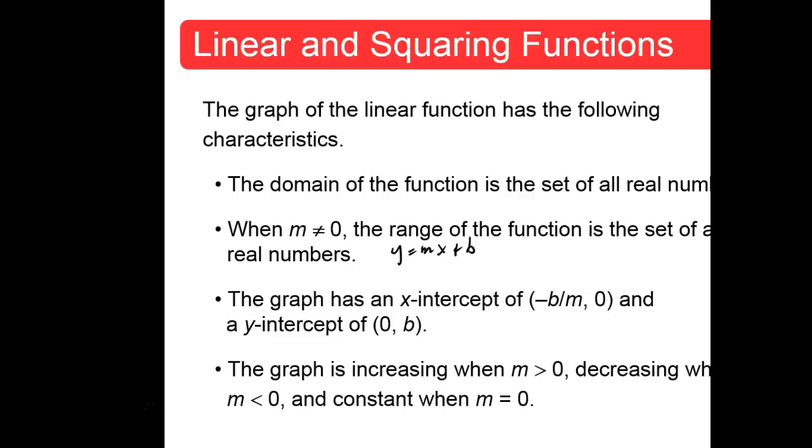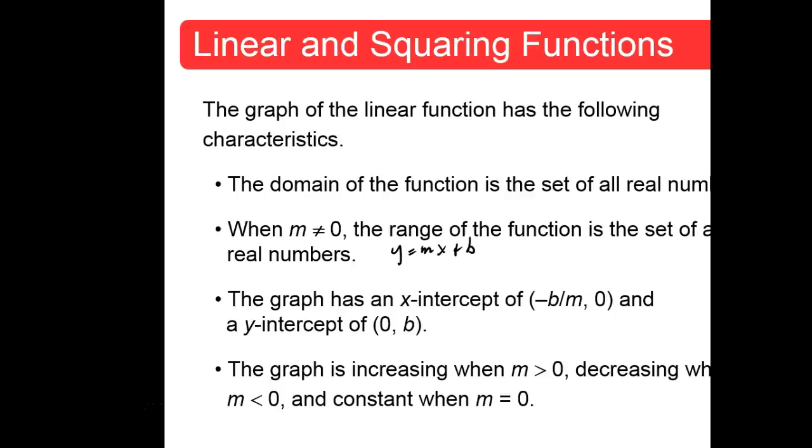Now, what is true about every x-intercept? What do we mean by an x-intercept? It crosses the x-axis. Well, what can you tell me about every value on the x-axis?